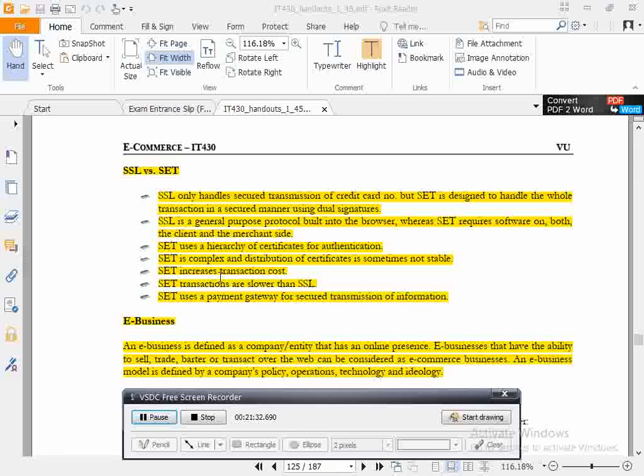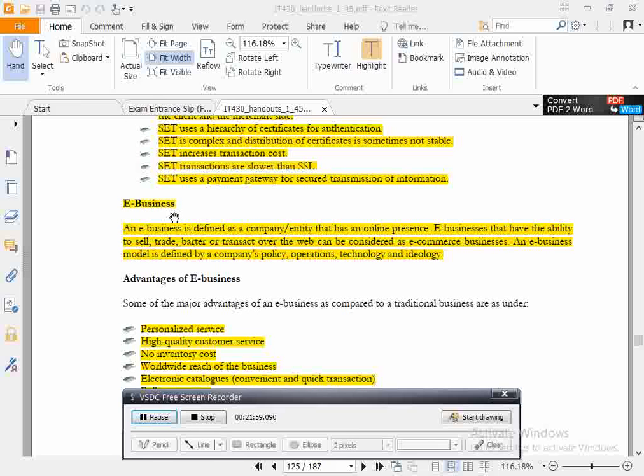SET increases transaction cost. SET transactions are slower than SSL. SET uses a payment gateway for secured transmission of information.